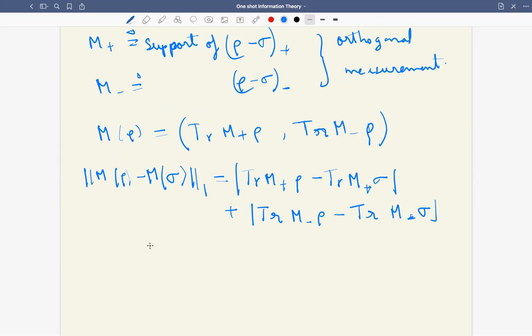Okay. So now this is just the one norm between two distributions, right? These are two outcome distributions, so I've written it out fully. Put the absolute value sign here.